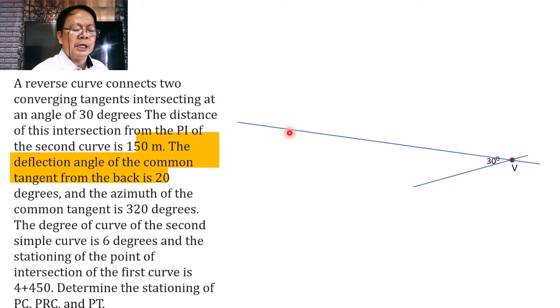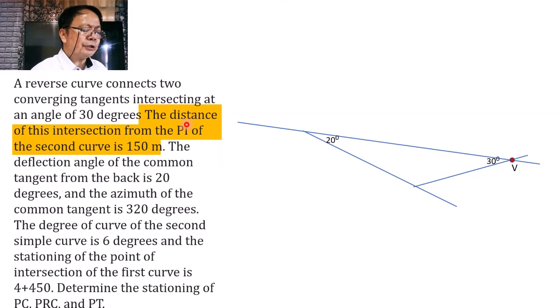If we will be calling it as our back tangent, then from here, there is a common tangent whose deflection angle, measuring from the back tangent, is 20 degrees. And assuming that this will be our common tangent, that angle will be making this angle to be 20 degrees. What else is given?